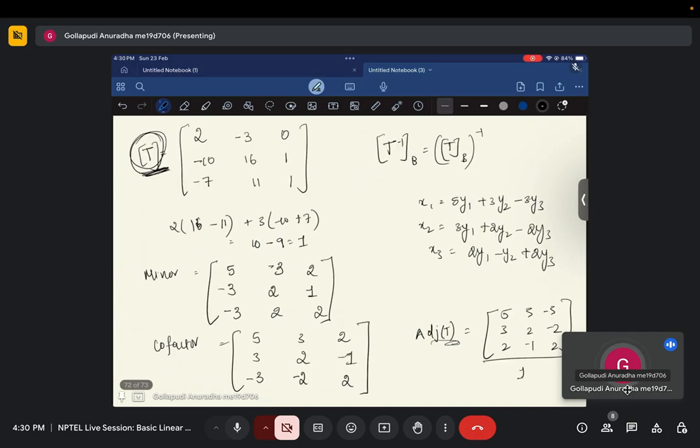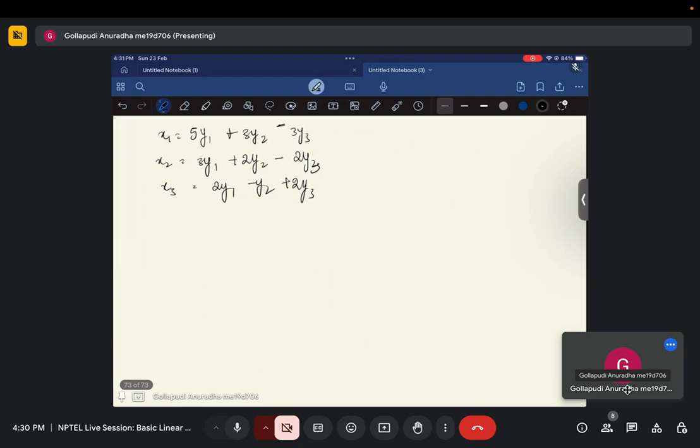I think this matched. So, correct. Is this okay? If you want to find the inverse transformation, you just have to look into the matrix of it, and if you do the inverse, then you'll get the inverse transformation.